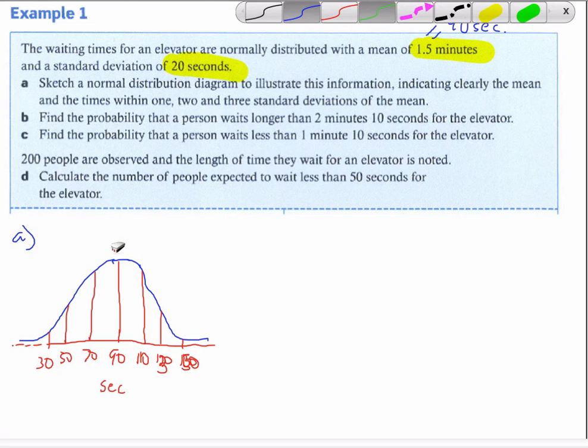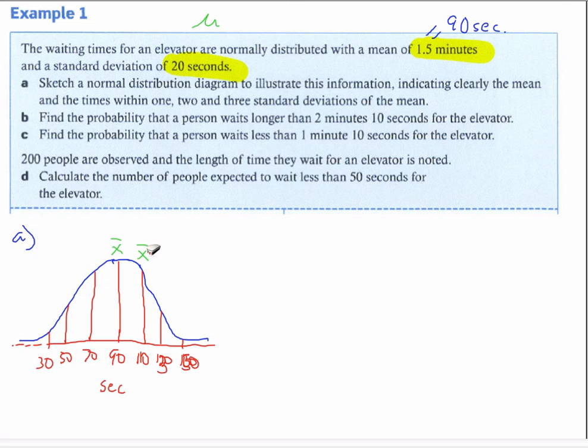This is the mean, or you could use this symbol for mean. And here is the mean plus 1 standard deviation. This is the mean plus 2 standard deviations. This is the mean plus 3 standard deviations.